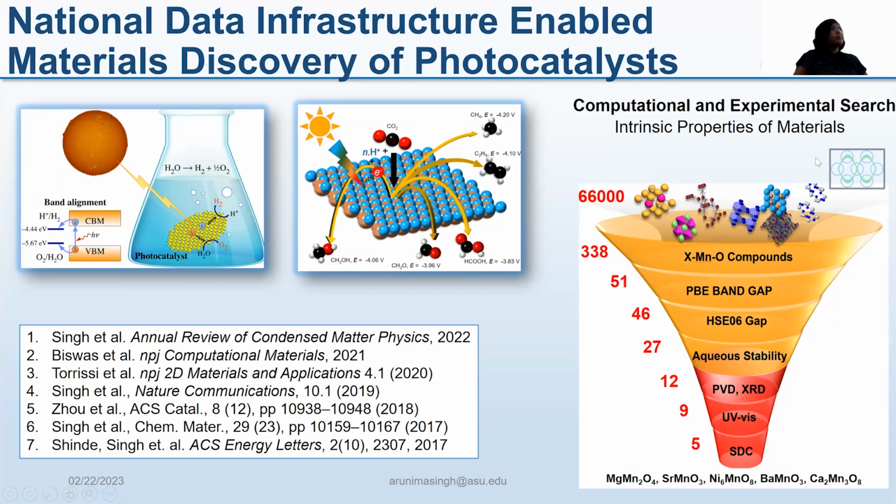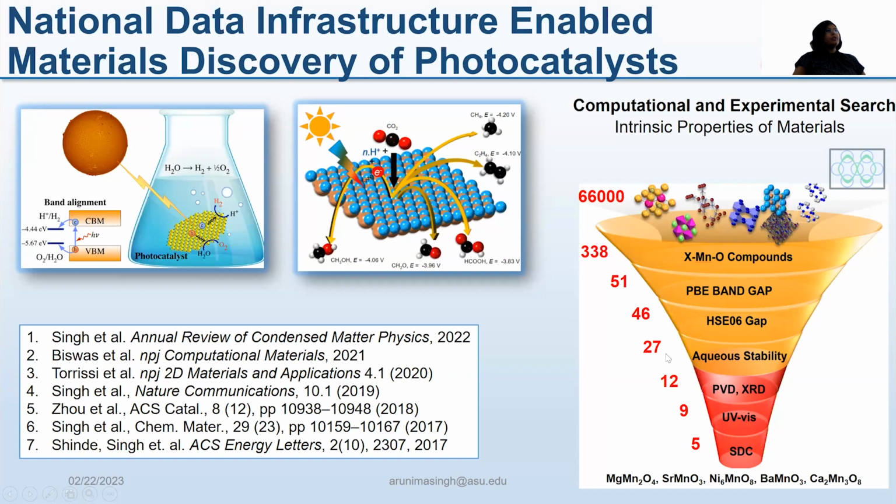This was very much enabled by one of the national data infrastructures, the Materials Project. So we searched for photocatalysts based on some of the intrinsic properties available in the Materials Project. These are shown by these orange screening tiers. Then our experimental colleagues at Caltech were able to synthesize them and determine their activity using high throughput experimentation.